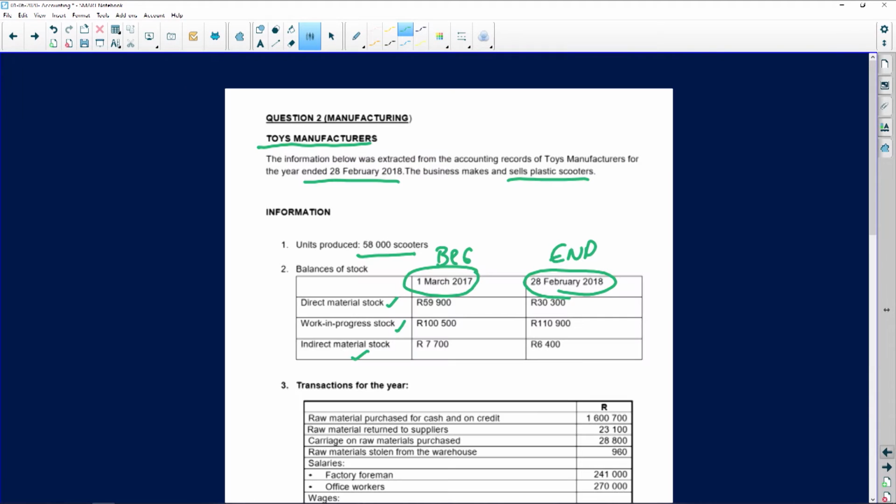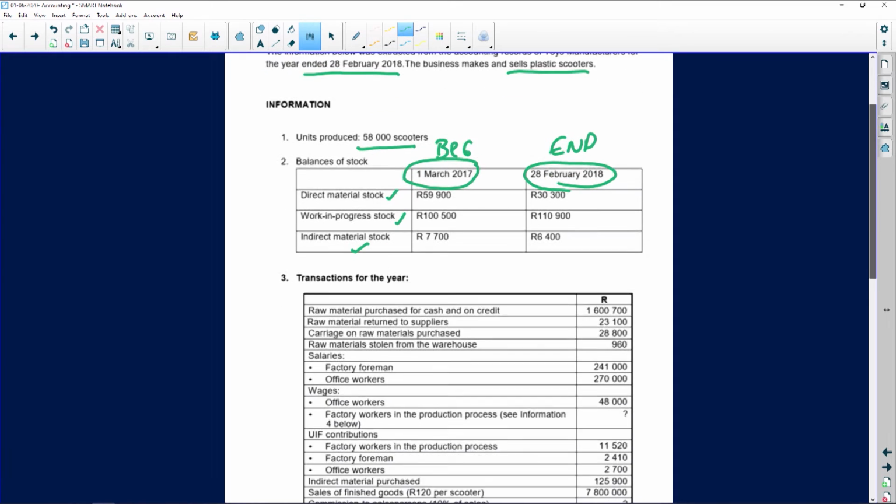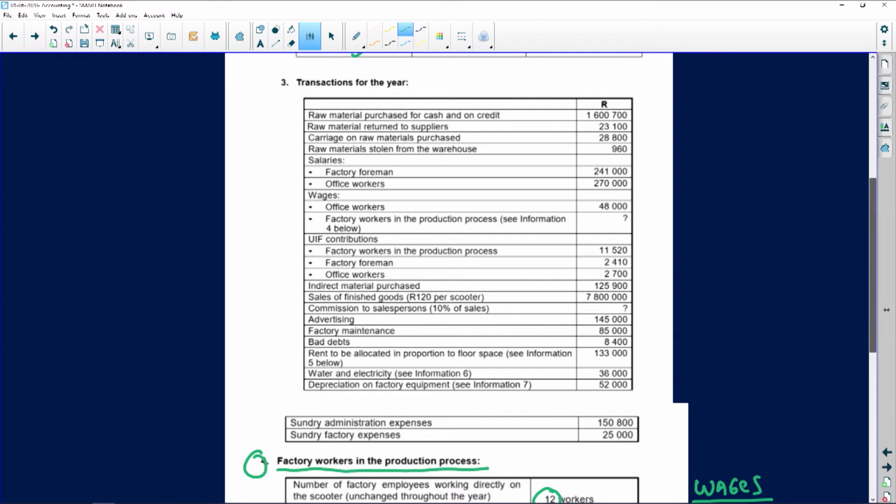So let's go to our information and let's see if there is any additional contributions. Okay, so there we go. We've got UIF contributions. Okay, and if I look through my information, there's no other contribution. So my UIF contribution, remember, it's only for your factory worker.